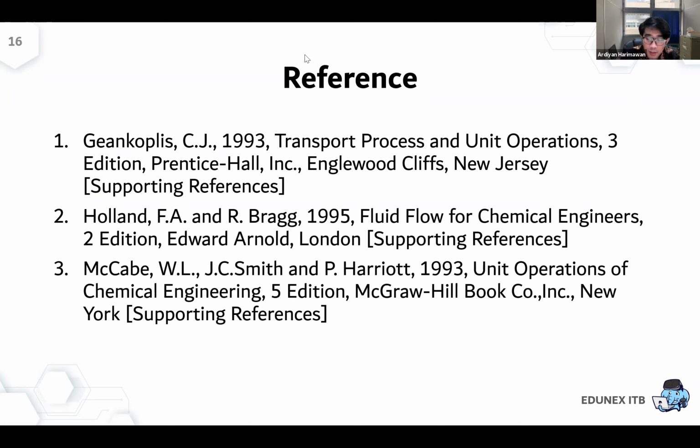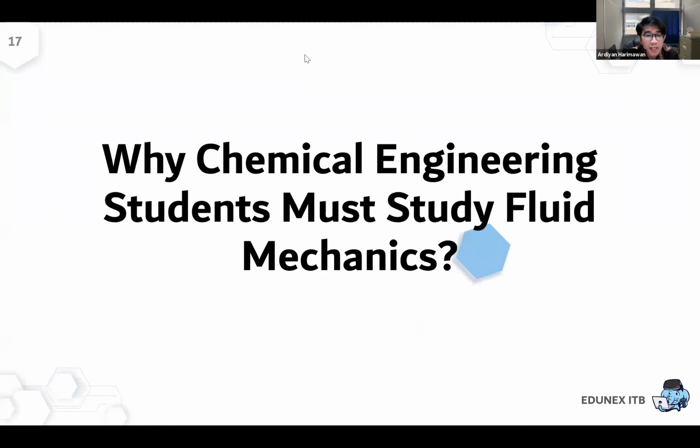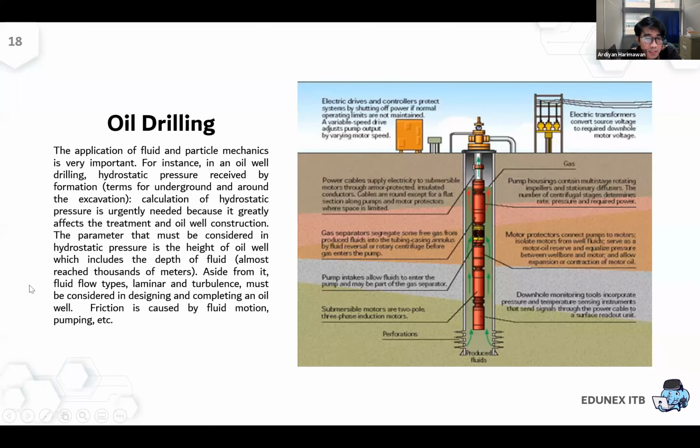Okay, if you do not have any other question, then maybe I will start. This is still some background that might be useful for you, on why we need to understand and study fluid mechanics. Basically, an oil and gas company is one of the industries you might be interested to apply to after you graduate, or probably your parents are now working in an oil and gas company, whether in Indonesia or outside.